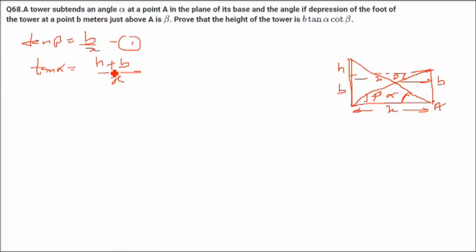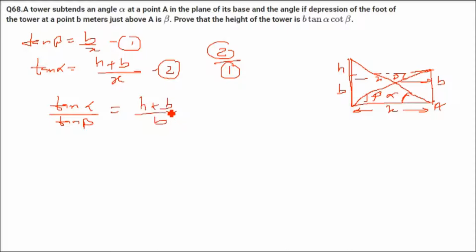So what I can do is divide these two, right? I can divide 2 by 1. So what do I get? I get tan alpha divided by tan beta equal to H plus B by B. Now H plus B by B can be written as H by B plus B by B, and this is going to be 1.